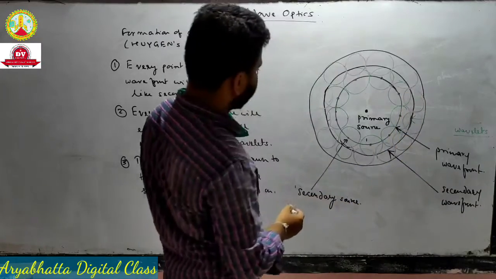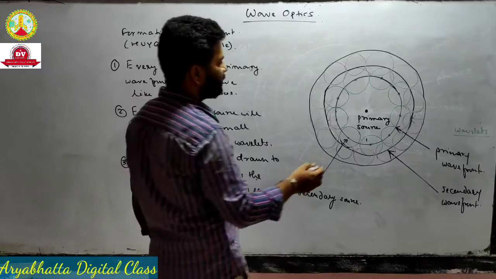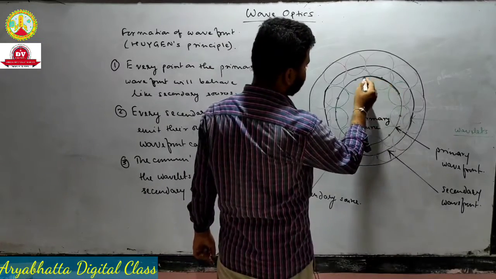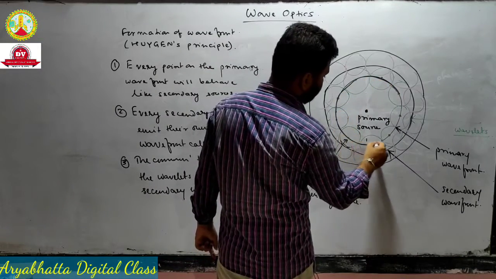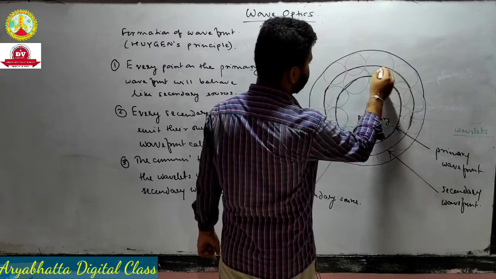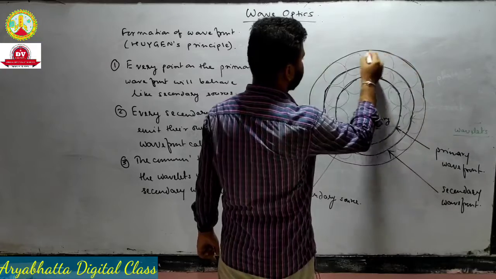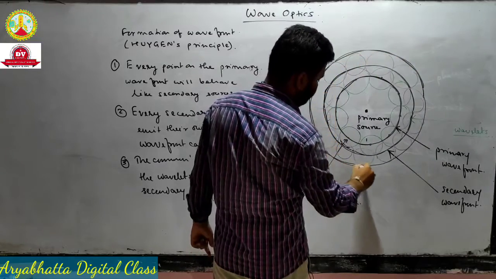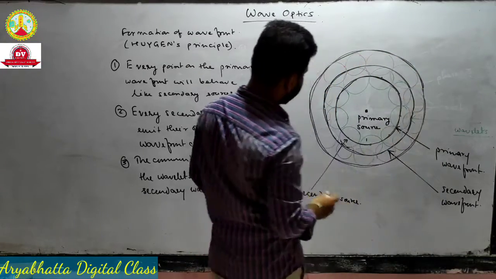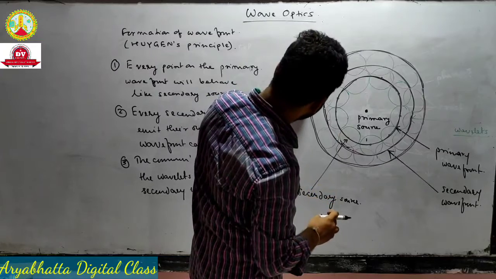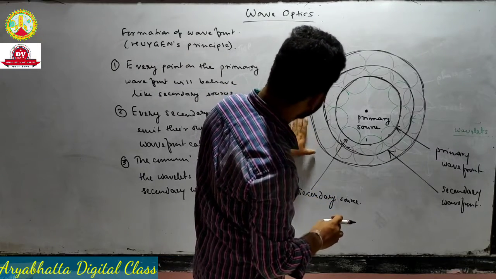Okay, ठीक है? So this black colored circle, they are nothing but the waves. So in this way, the wave is formed. ठीक है? This is the formation of wave or wavefront.